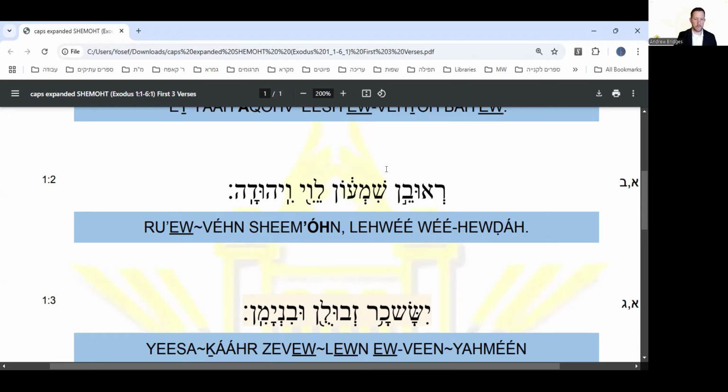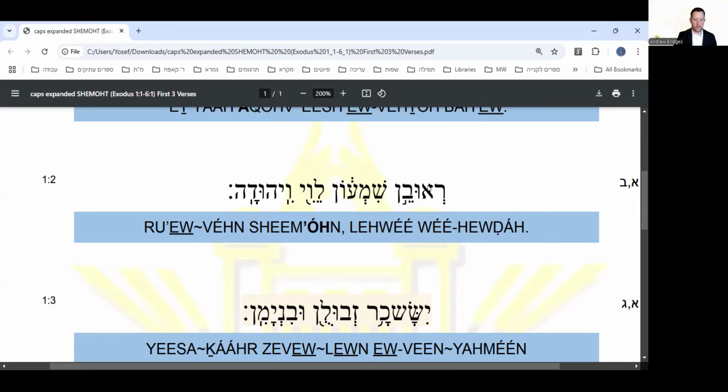Reuven, Reuven. You may have noticed I'm not saying Re'u, but I'm saying Re'u. Very subtle difference, but this is because the letter Aleph is a guttural letter, and we have a rule in classical Hebrew pronunciation as preserved by the Jews of Yemen and a few other Middle Eastern Jewish communities that although there is a default pronunciation of the vowel schwa when it is pronounced as a short vowel, yet it uses a different pronunciation, different from its default standard pronunciation, if the very next letter is a guttural letter.